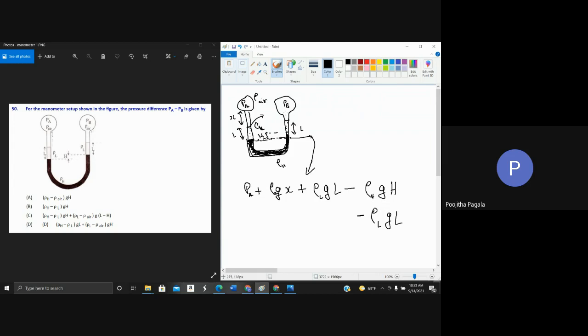Now in order to get to PB, you have some more distance to go, but the distance is not given in the question.